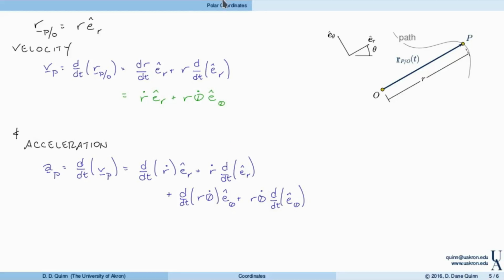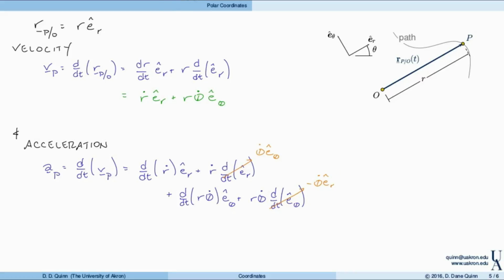And so those I will go ahead and denote. Right, so this is theta dot e theta. We can work this out, and the derivative of e theta is minus theta dot ER.